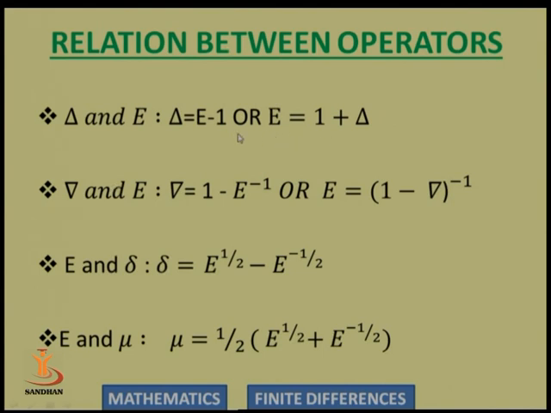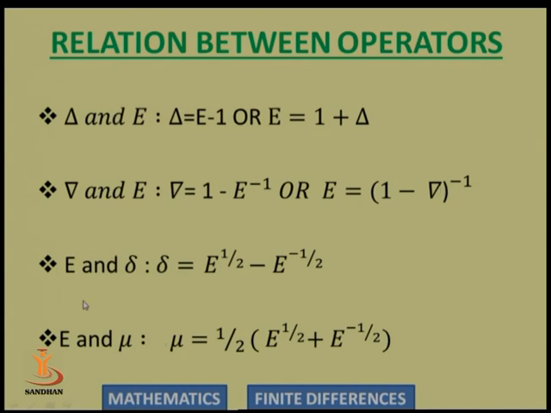These values will be used according to the requirement of the examples. Next is the relation between the backward difference operator, that is nabla, and the shift operator E: nabla equals 1 minus E raised to minus 1, or we have E equals 1 minus nabla raised to minus 1.